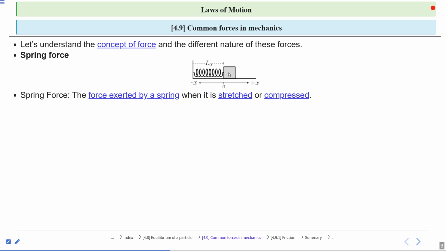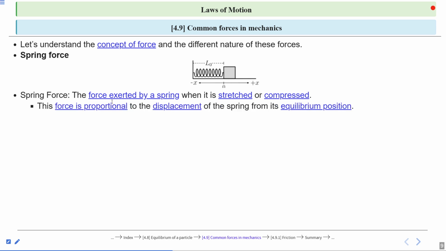So here we have a spring, the length is L naught. When we stretch or compress, there is a change in position of the block, or we can say there is a displacement of the block when we stretch or compress the spring. This force is proportional to the displacement.